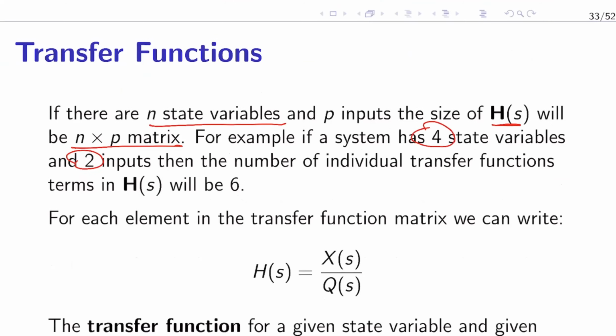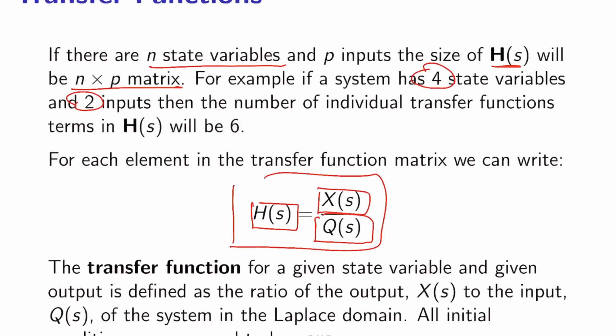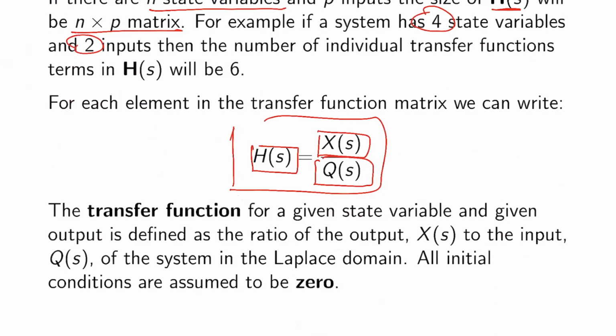If I were to pick out any one of those, these are now scalar equations. I can define that individual H of s as the individual X of s that corresponds to that entry divided by the transform for the input that's applied to that entry. This is a common way of looking at it in the scalar form.